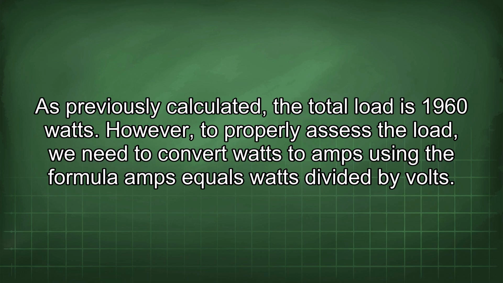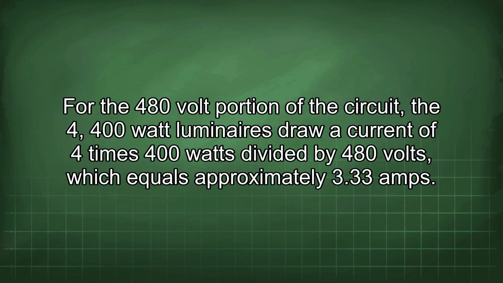However, to properly assess the load, we need to convert watts to amps using the formula amps equals watts divided by volts. For the 480 volt portion of the circuit, the four 400-watt luminaires draw a current of 4 times 400 watts divided by 480 volts, which equals approximately 3.33 amps.